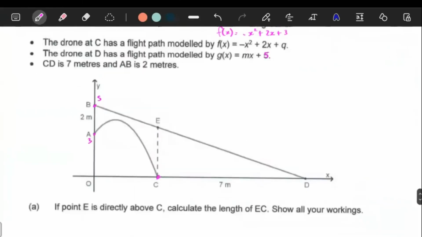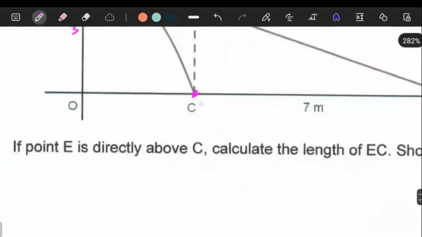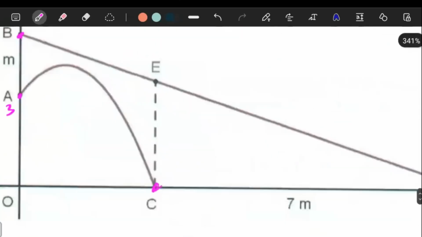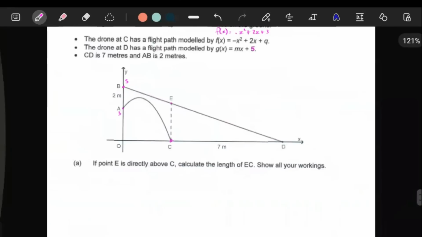So the thing is, this is an x-intercept, right? So if you get the x value of C, you'll automatically get the x value up here. If you get the x value up there, you can then put that x value into the equation of the straight line. And then you'll have the y value of E, which will give you the distance of EC. But the equation of G, you don't have the full equation.